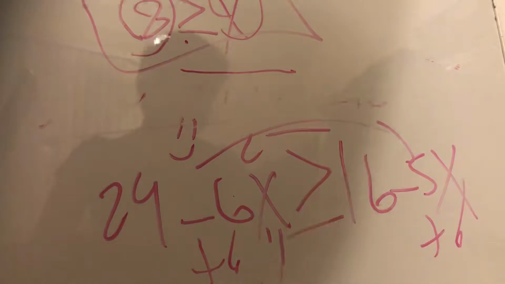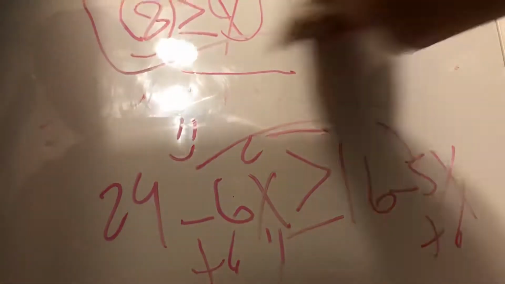So we're gonna draw the number line. We're gonna erase this quickly. So we're gonna write with orange, and we're gonna draw a number line, or we can draw a line like this.